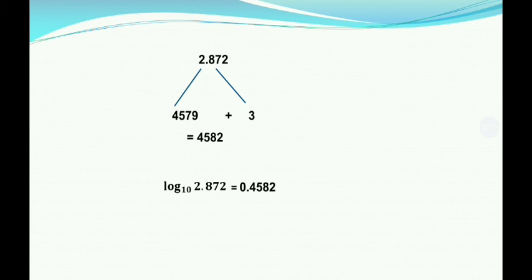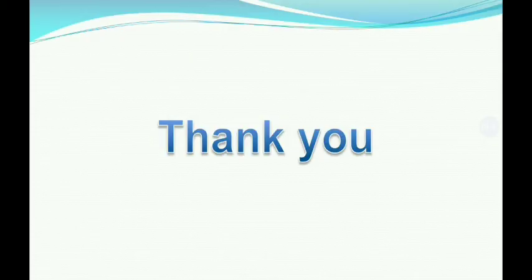Here we have log 2.872. Before the decimal place we have only one digit, that is 2. So we do 1 minus 1, that is equal to 0. Therefore 0 is the characteristic value. So you have the answer as 0.4582. Thank you.